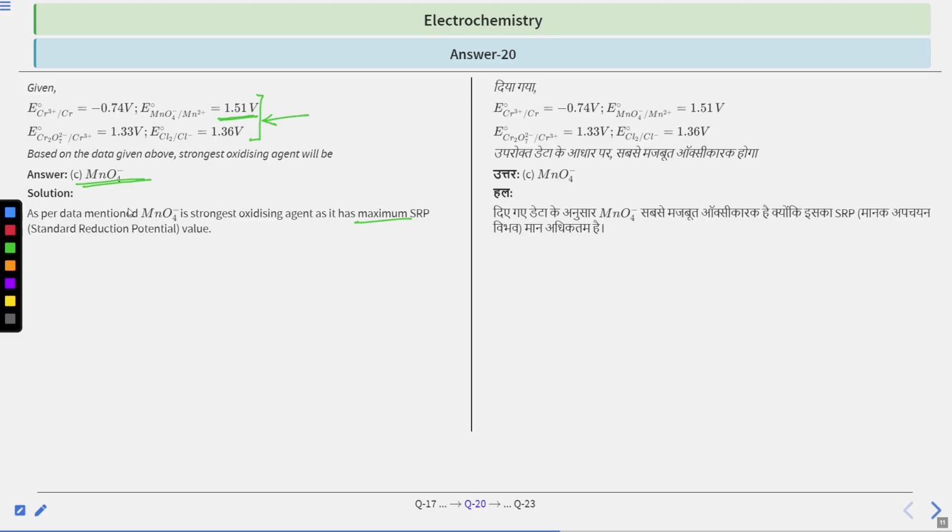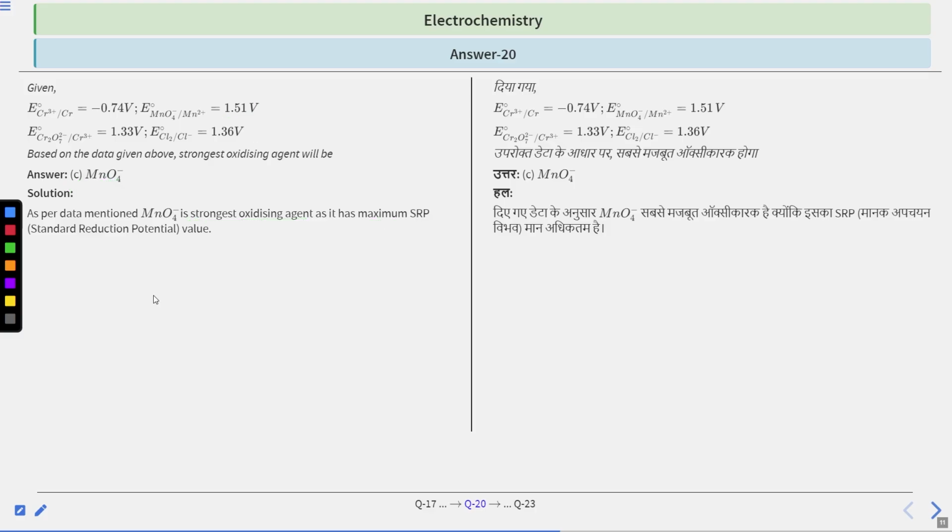We just use this concept here, and we can see that the highest value of E naught is for MnO4 negative, that is 1.51, which is highest among the given values, right? And that's why MnO4 negative is the strongest oxidizing agent as it has the maximum standard reduction potential value. So by using this concept, option C is the correct answer.